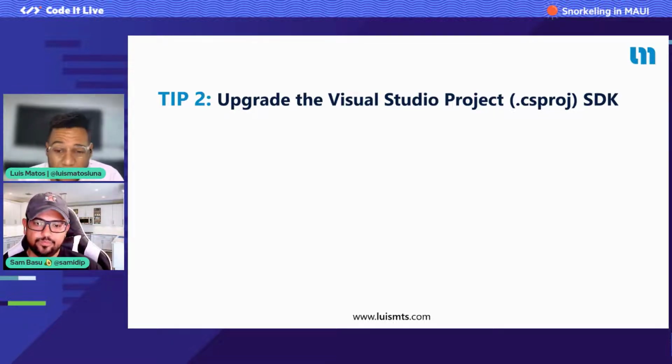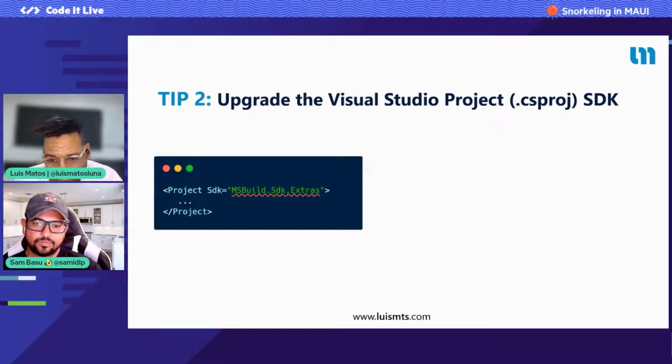But we have an important tip. For example, I spent a lot of time with this. All libraries have the reference for the SDK, MSBuild.Sdk.Extras. That's the reference that we had before the new stuff that we are having with .NET 6. What happened? If you use this reference, your project is not going to compile. Believe me, they have it in the documentation.